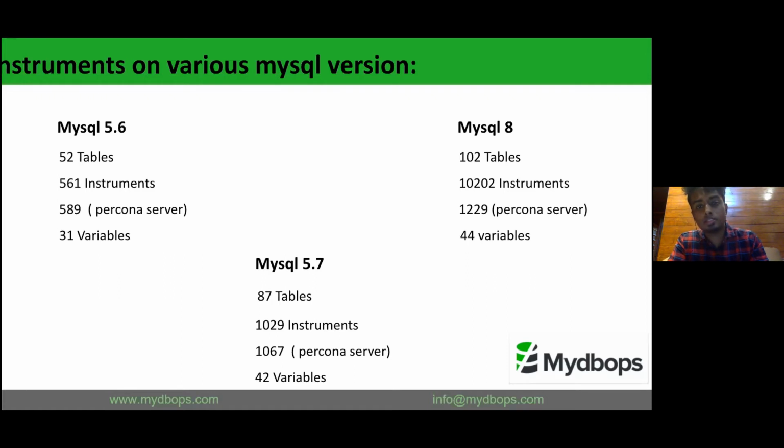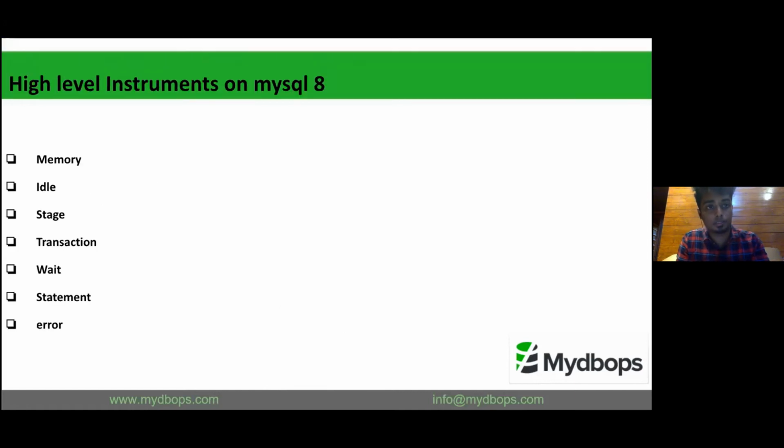In MySQL 5.7, the table count increased as the instrument count increased: there are 87 tables and 1029 instruments, and in Percona Server it increased a lot. The current version of MySQL 8 has more than 1,200 instruments, and the variables have also increased in the upcoming MySQL versions.